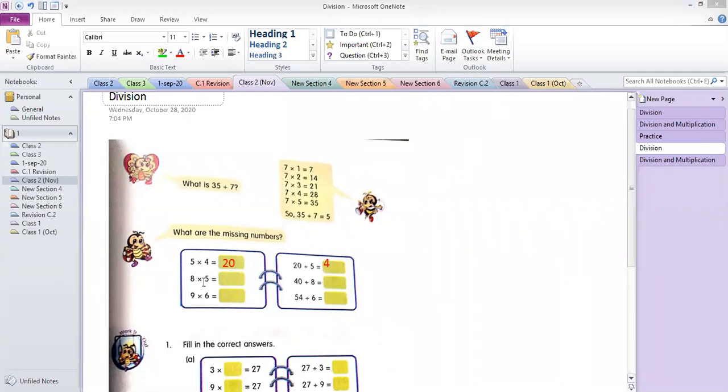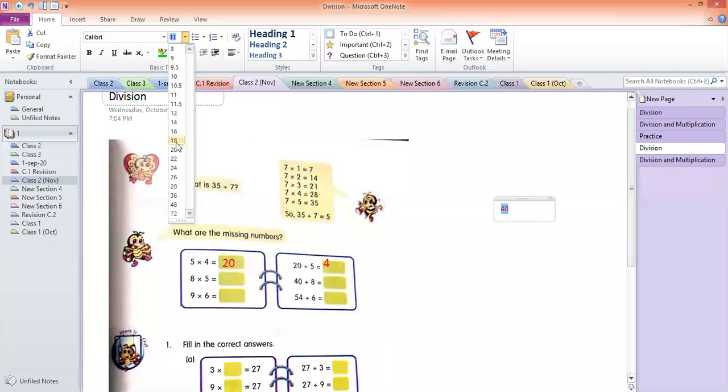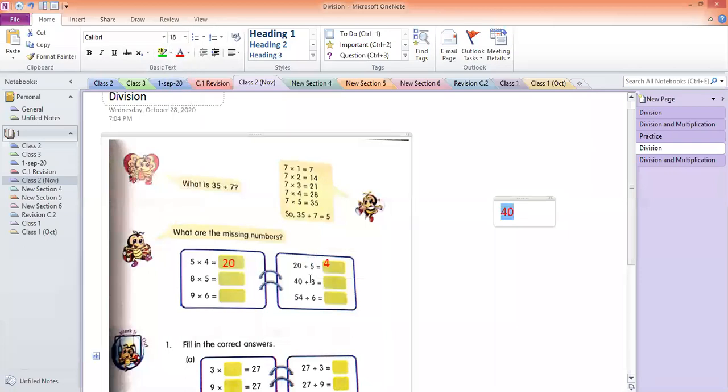Can you tell me 8 multiplied by 5 equals to what? 40. 8 multiplied by 5 equals to 40. Now, can you tell me 40 divided by 8 equals to what?